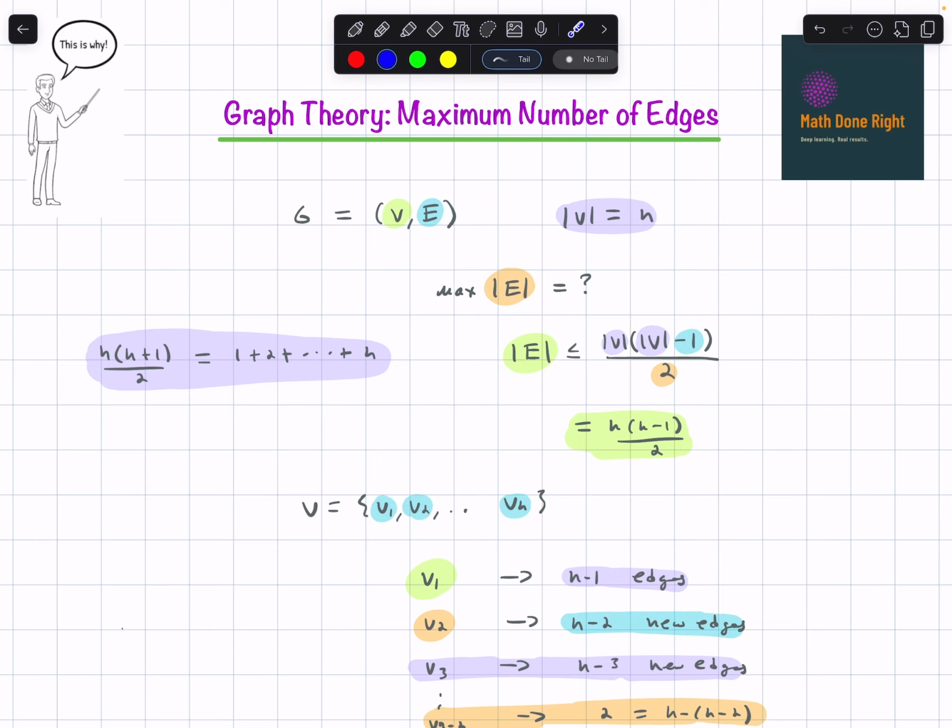If we assume that any graph with n vertices has at most n times n minus 1 over 2 edges, then we'll prove that a graph with n plus 1 vertices is going to have at most n plus 1 times n over 2 edges. And that'll be a very nice illustration of proof by induction, which we did earlier in the course. Never hurts to practice the basics.